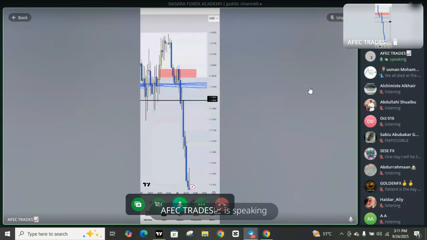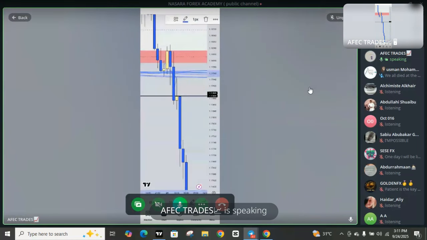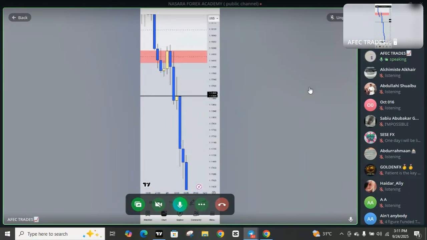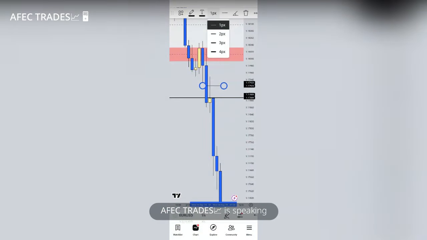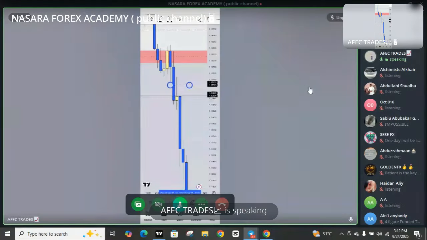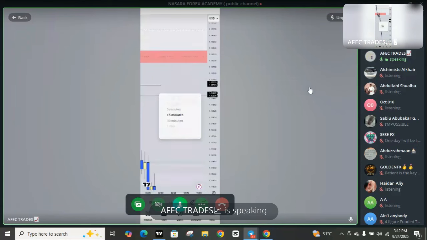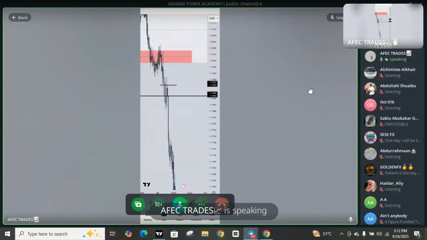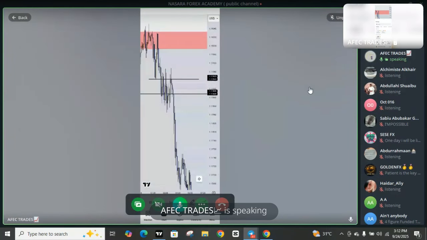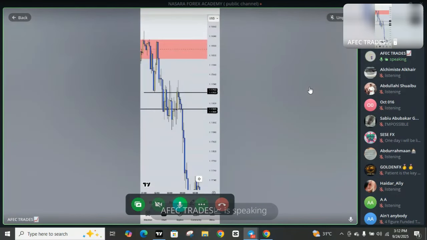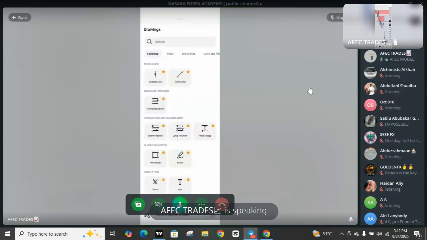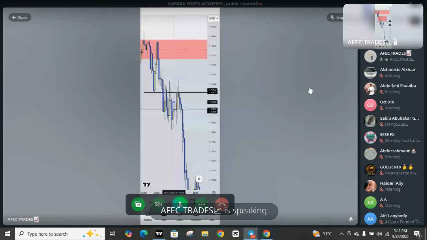And then we have this, which is exactly where I took my trade. We have this immediate rebalance. Price immediately rebalances this low, which we can see on the 15-minute time frame, and I think on the 5-minute time frame we have a fair value gap, a block there, which is exactly where I took my trade.